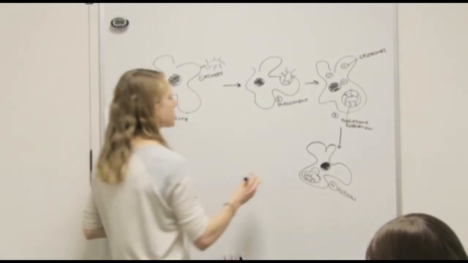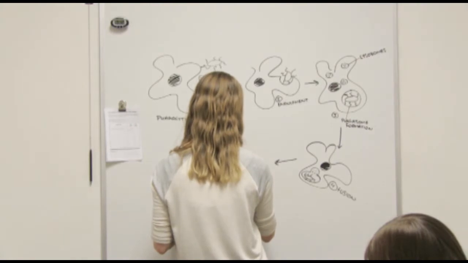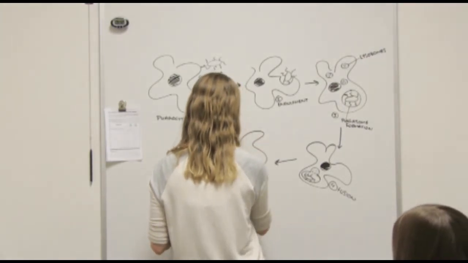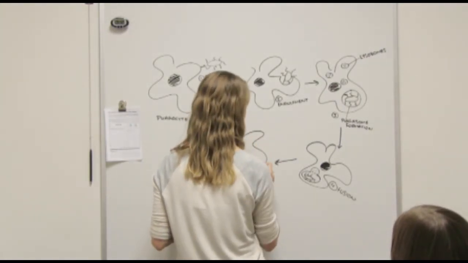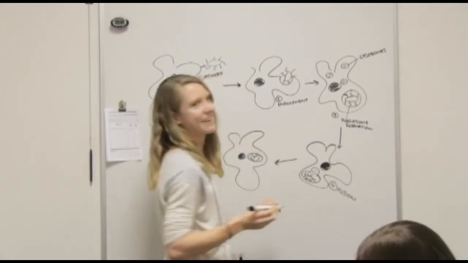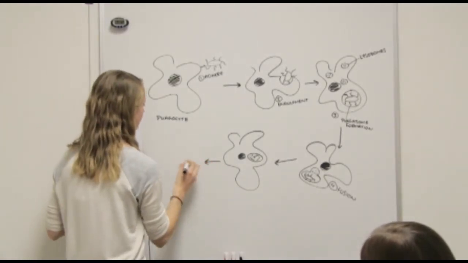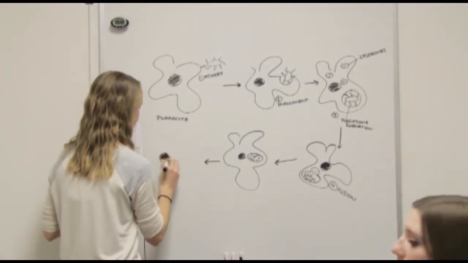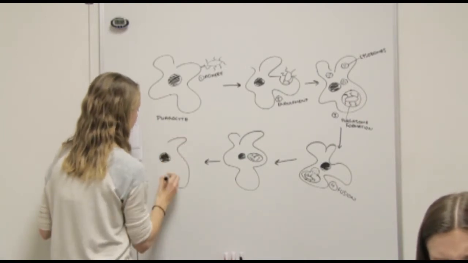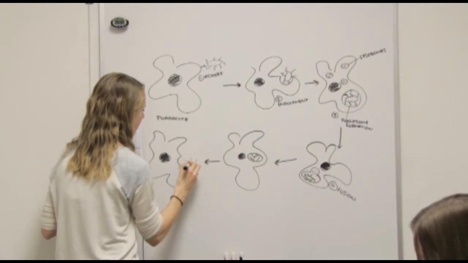Once that fusion happens, what do you think happens to the bacteria? Come on, guys. What happens to the bacteria? Yeah, it gets destroyed. And then it just spits it out. As I'm sure you know, this is very simplified.